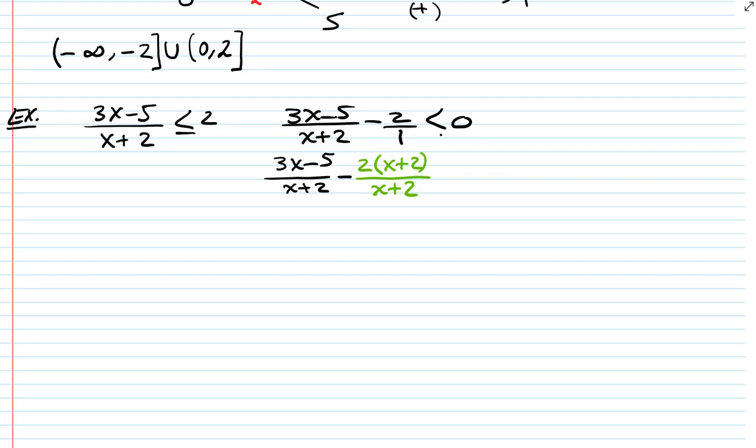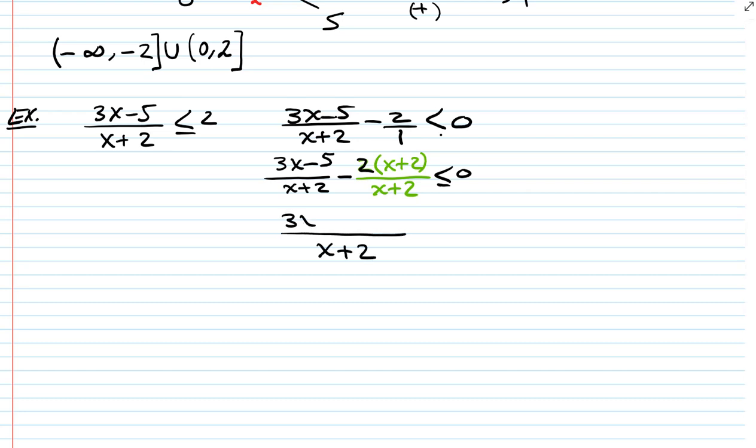I'm giving it a numerator and denominator x plus 2 so I can choose the LCD. Remember, we can only combine fractions that have the same common denominators. So here's my common denominator of x plus 2.